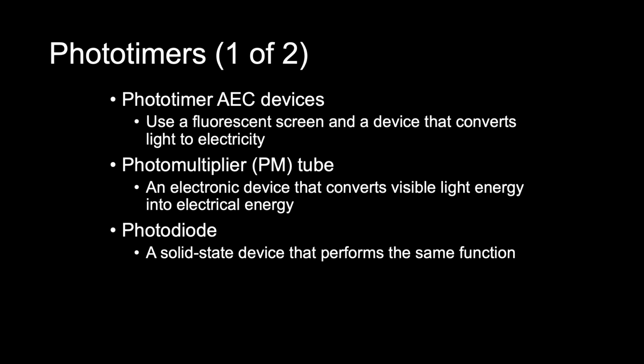Phototimer AEC devices were considered exit-type devices because the detectors are positioned behind the image receptor. So that radiation must exit the image receptor before it is measured by the detectors.